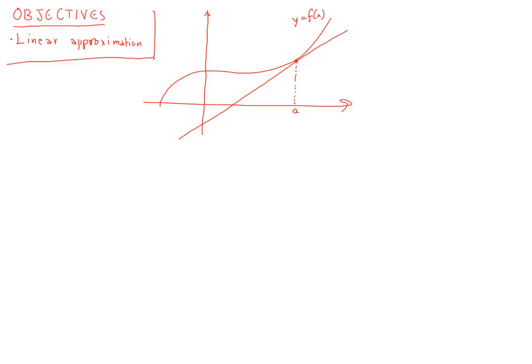So imagine that you have the point A. And now the idea is the following: if you restrict your attention very, very close to the point A, then there's not much difference between the points that lie on the tangent and the points on the graph. What do I mean by this?